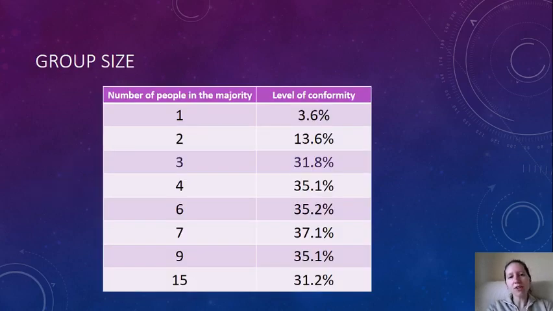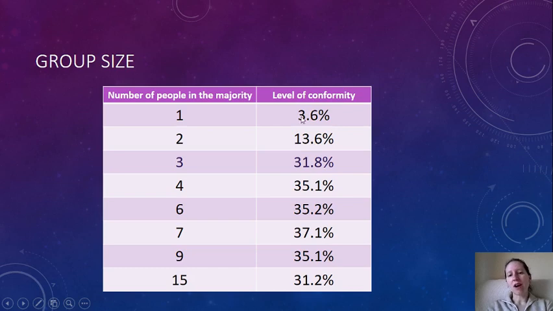Okay, the first one, group size. Now you can see he's basically tried the experiment out with different numbers of people every time. This is research carried out by Asch a few years later. If you look at the first one, where you've got one person in the majority, it's not really a majority, but anyway, let's imagine you run the trial again with the participant and one other person, and that person gives the incorrect answer.